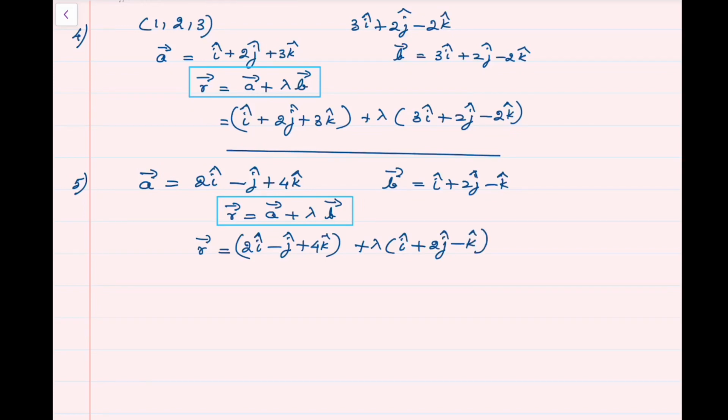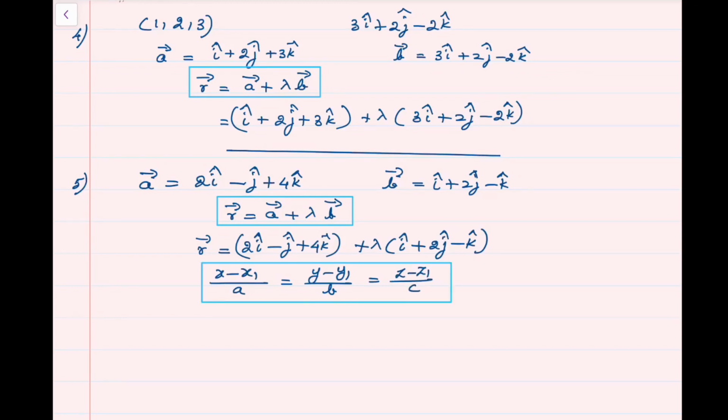In this question, we have to write the Cartesian equation also. The formula is (x minus x1) divided by a equal to (y minus y1) divided by b equal to (z minus z1) divided by c. The given point is the components of vector a, which are 2, minus 1, 4: x1, y1, z1.